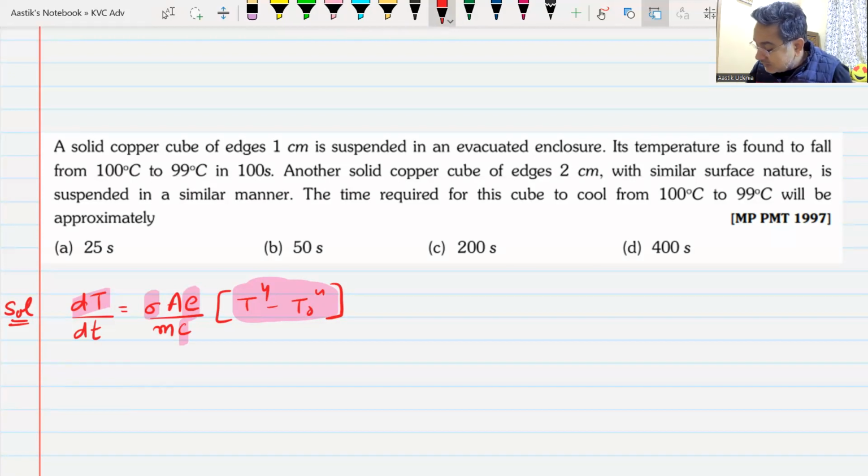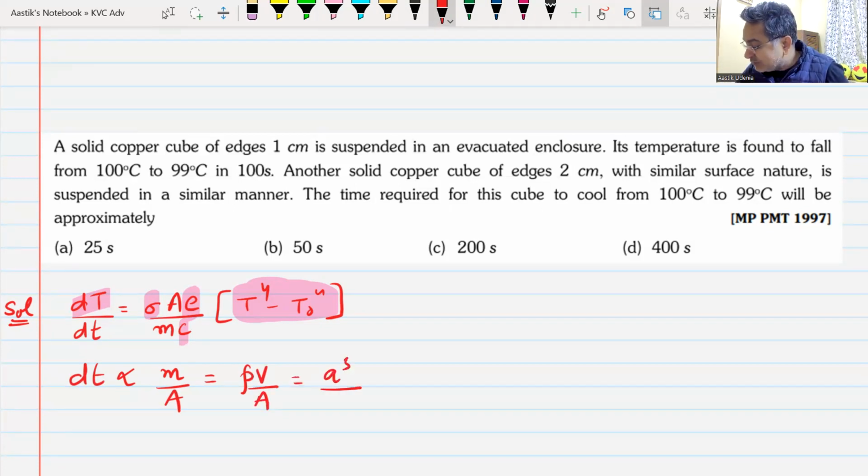Or you can say dt will be proportional to mass divided by area. Mass is density multiplied by volume divided by area. Volume of a cube is a cube. Area of a cube is 6a square.